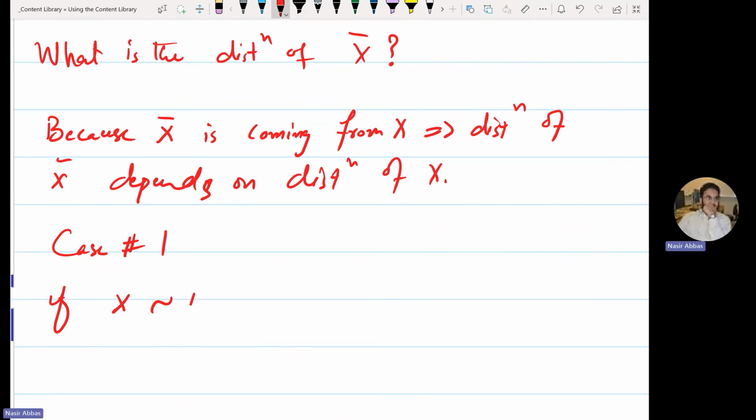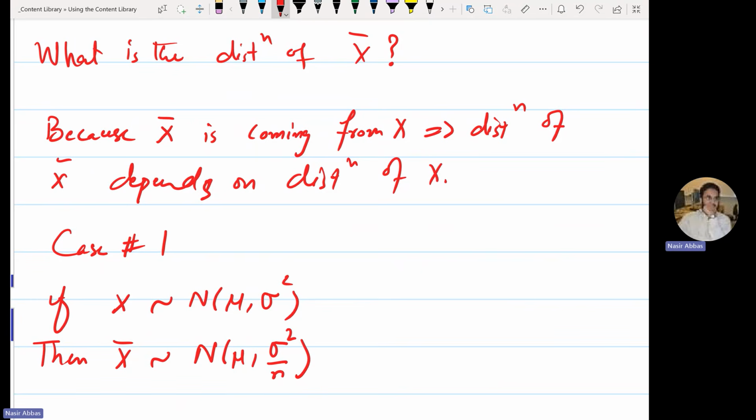If my X is normally distributed, then X bar will also be normally distributed. This is result number one. The mean will be the same, the variance will be different.